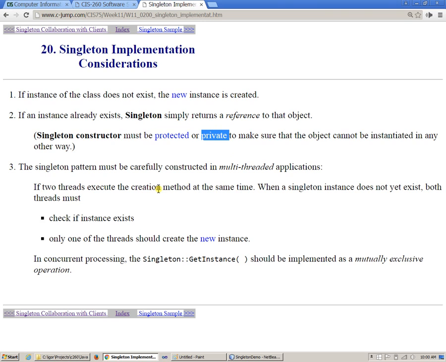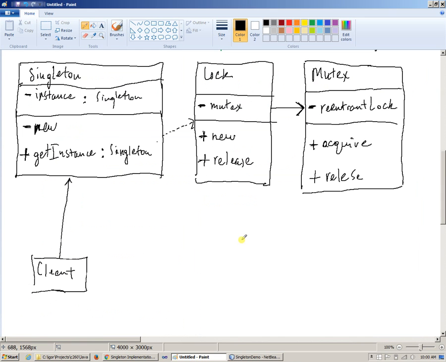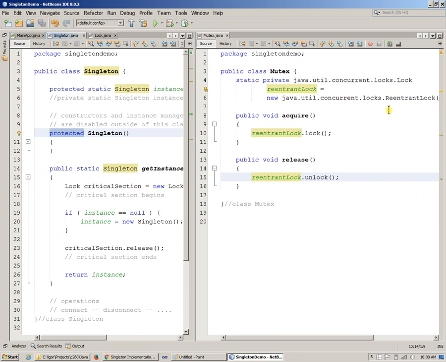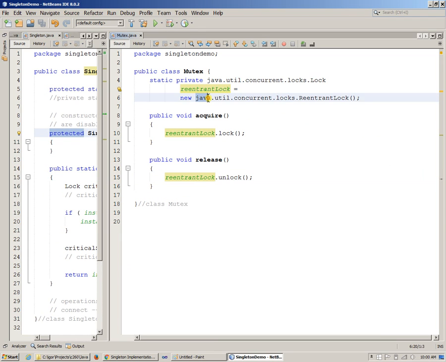And the singleton pattern must be carefully constructed in a multi-threaded application. So we gave it enough attention to say that we actually use this mutex class in our design, which relies on a reentrant lock, coming from the Java concurrent library. It's one of the locks in the system, and the type is ReentrantLock.